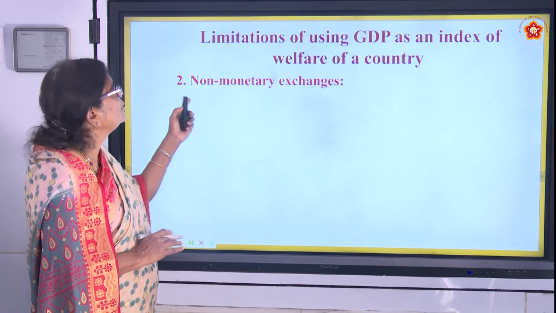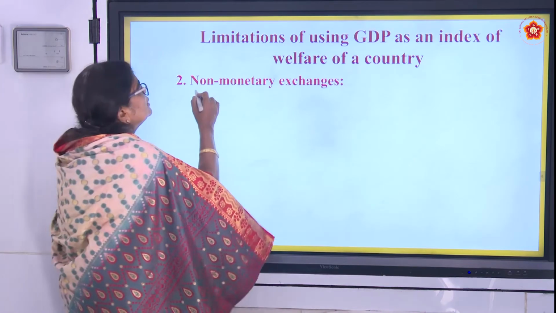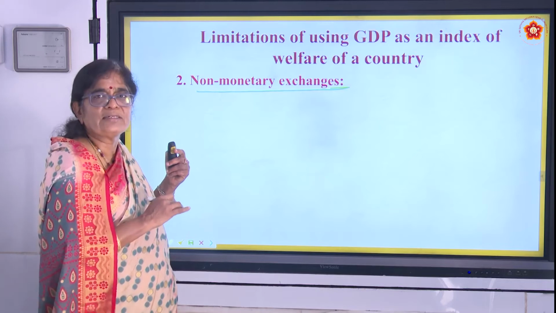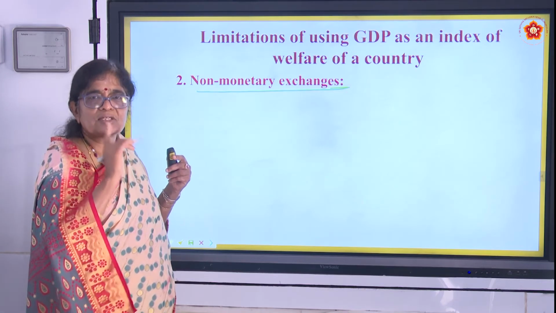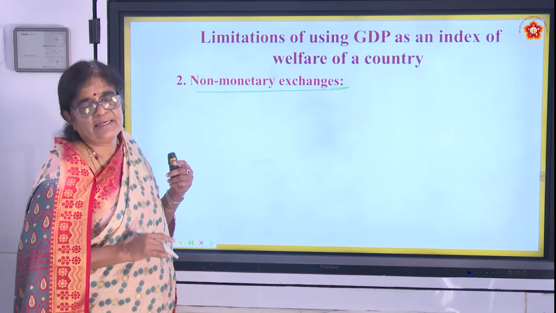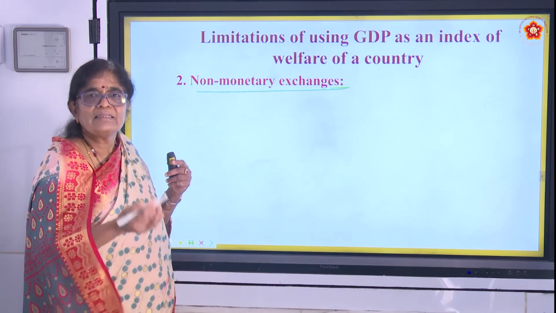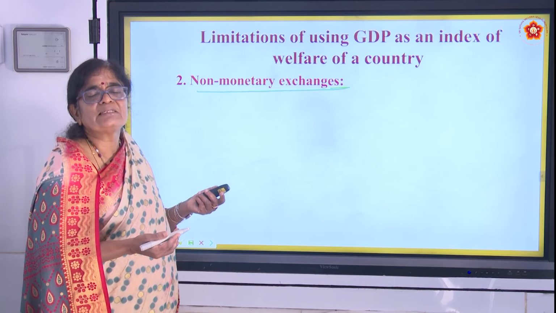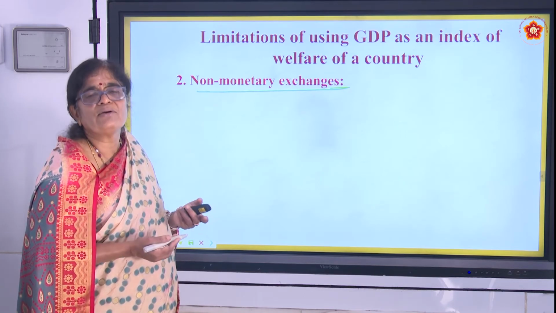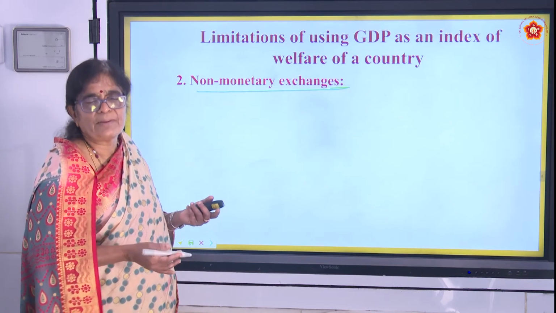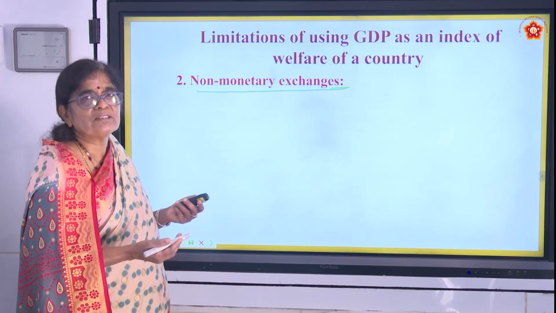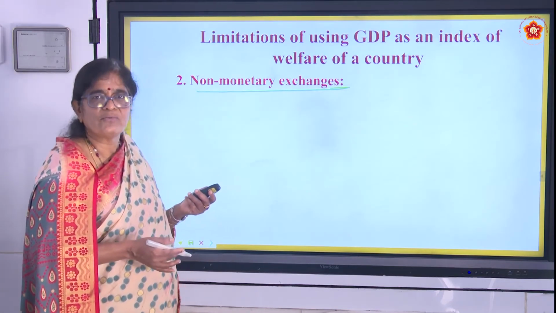Now, the second limitation is non-monetary exchanges. That means if the GDP has to be calculated, all the economic activities have to be evaluated in terms of money. But in the household, all the women's activities at home, home gardening, or women tailoring for their own family, cooking, washing, cleaning, we are not paying our mothers or sisters who are doing the household work.